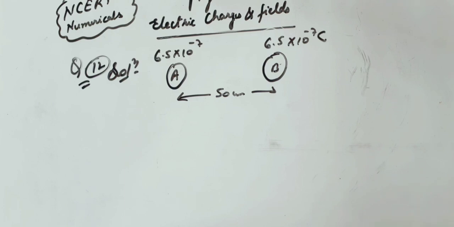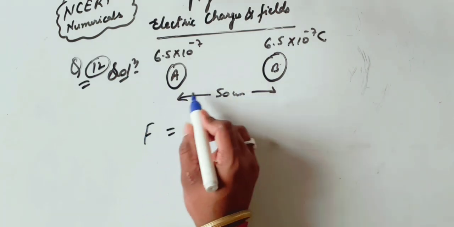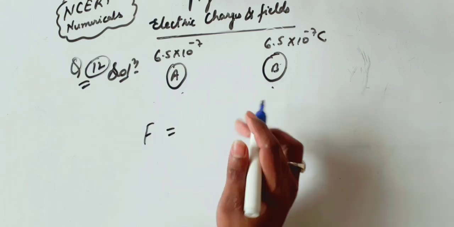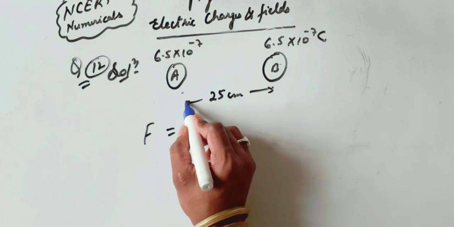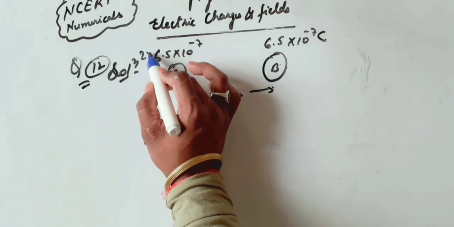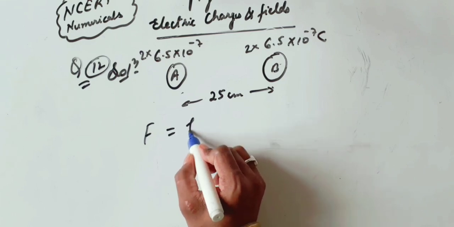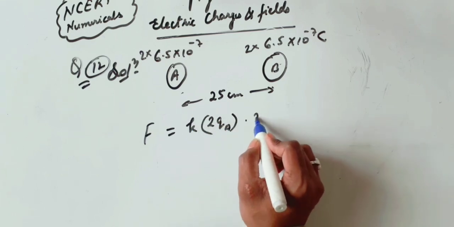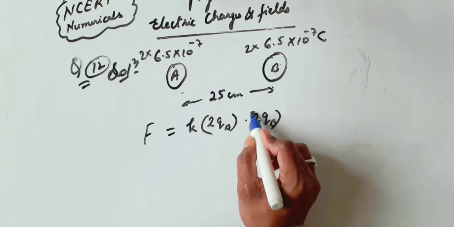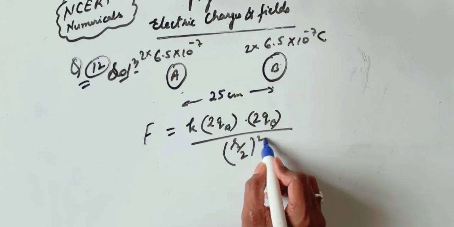So here if both charges become double, and the distance between them becomes half, means it will be equal to 25 centimeter, and the value of each charge will be equal to 2 times this. So we can write here K into 2Q A into 2Q B upon R by 2 whole square.